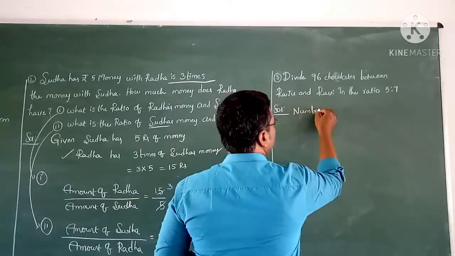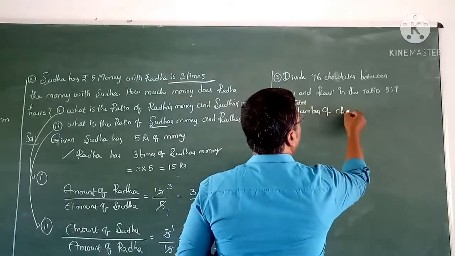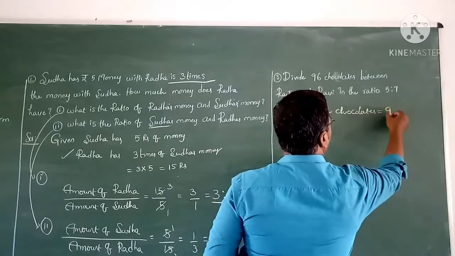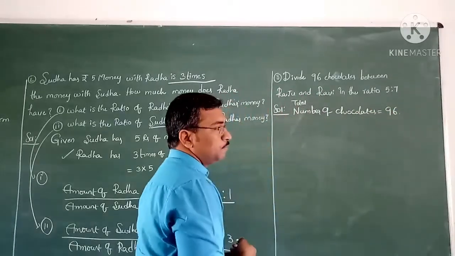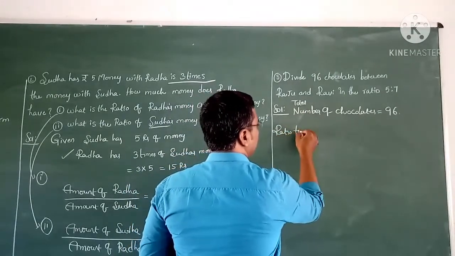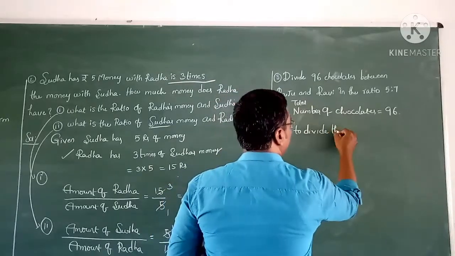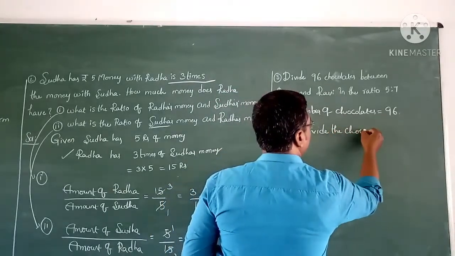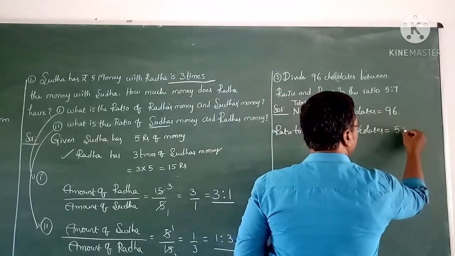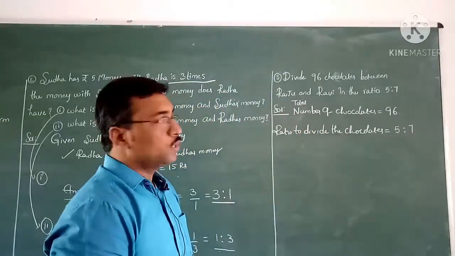So total number of chocolates is equal to 96. Ratio to divide the chocolates is equal to 5:7. 5 parts to Raju and 7 parts to Ravi.